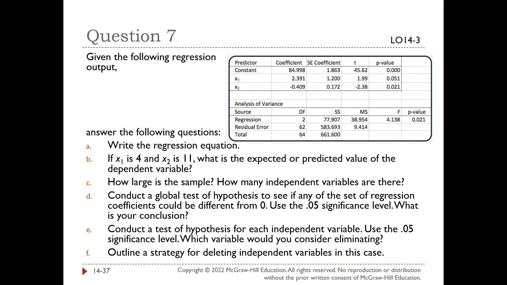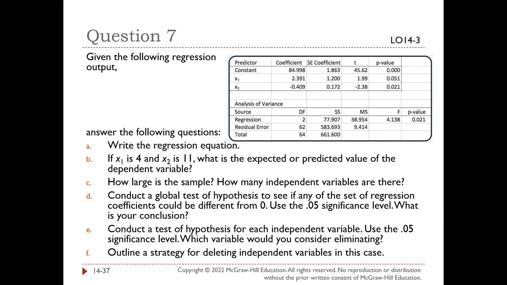Alright. Next, we're going to conduct a hypothesis test for each independent variable using the 0.05 significance level. Which variable would you consider eliminating? We do have our t values right here: 1.99 and negative 2.38. The table already conducted that. We just have to figure out the critical value.